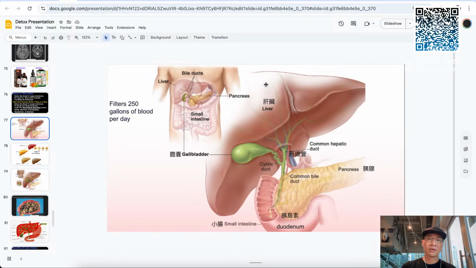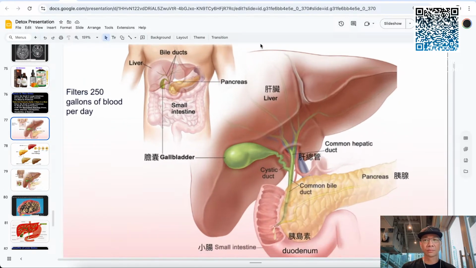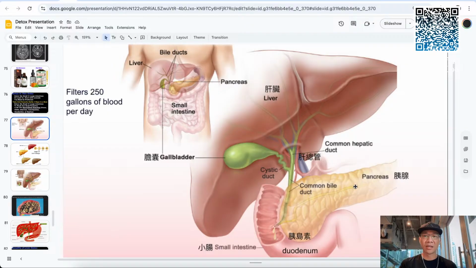So over here, if I'm talking about human physiology, this is the liver, gallbladder. This is the common bile duct, which is also connected to your pancreas. The pancreas, most people, they have one pancreatic duct. It's called the dorsum. Some people, they may have two, called the Santorini on top.